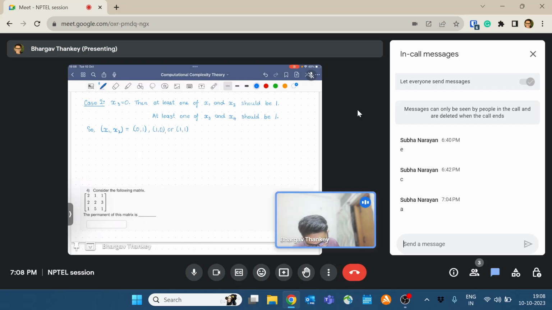And similarly for x4, x5. So we can pick any one of these three for x1, x2, and any one of these three for x4, x5.